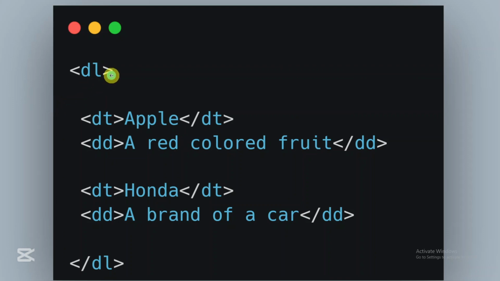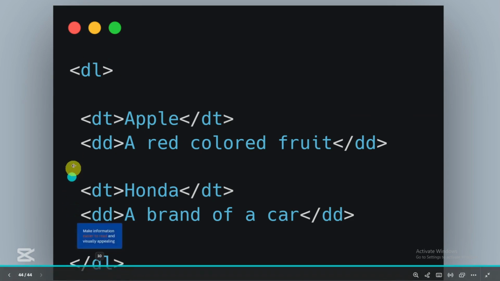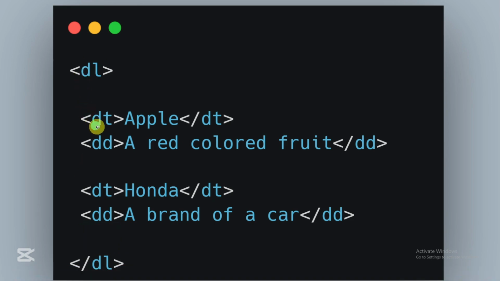You're going to have your opening DL and closing DL, which is your DL element. Then you're going to have a DT element. This DT represents description term. So you're going to have a DT opening tag, a DT closing tag, then the name of the term within the opening and the closing DT tag.